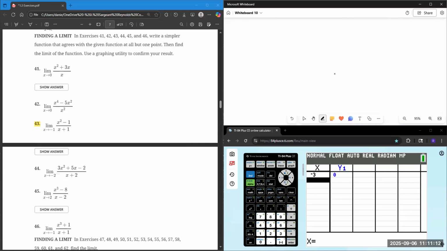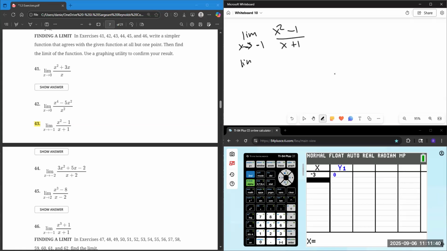So now we want to use algebra to simplify, to remove the point of discontinuity and evaluate a simpler function that has the same limit. If I try direct substitution, I would get 0/0, and that tells me to try this process.